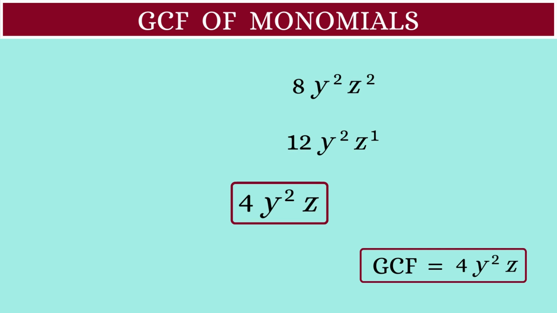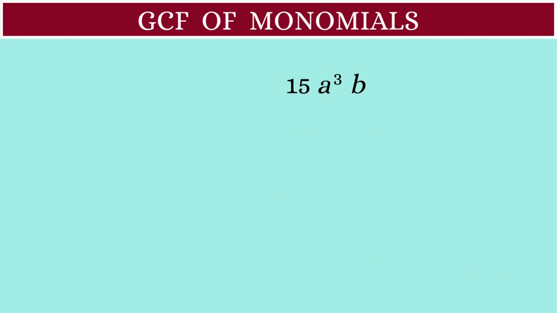Next example, 15 a cube b and 25 a square. Let's factor only 15, which is 3 into 5. The following term, 25, is written as 5 into 5.